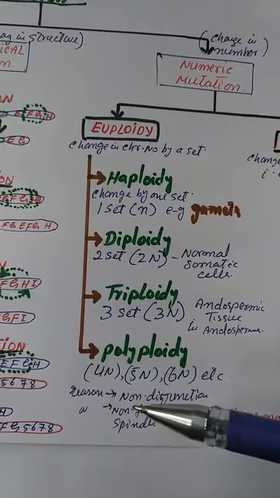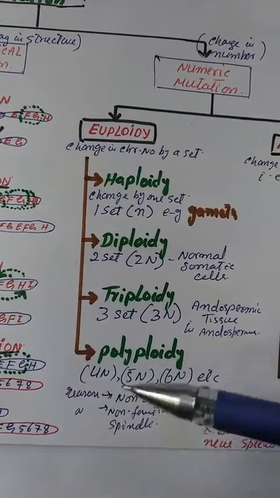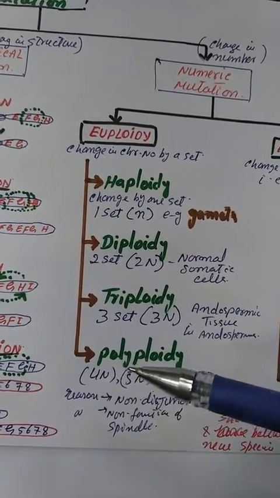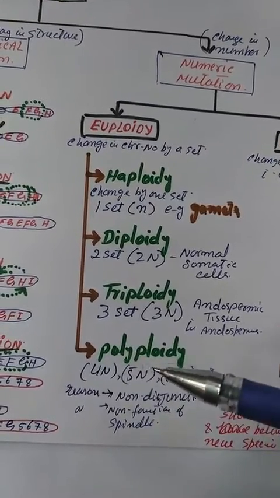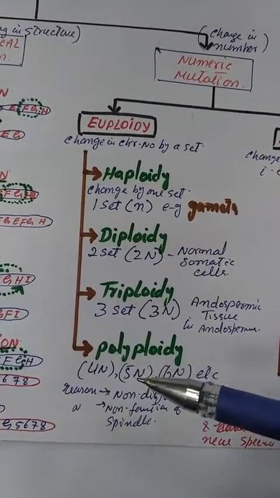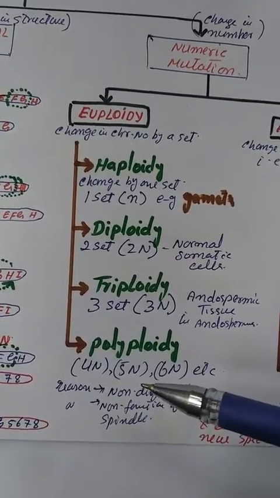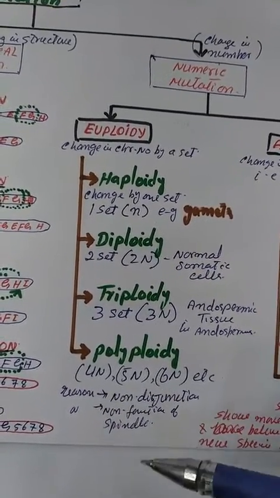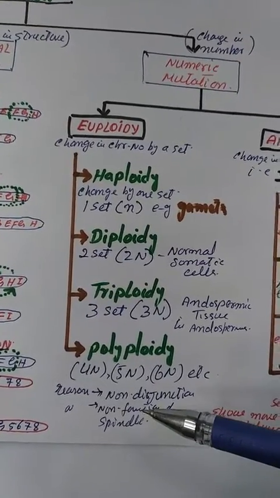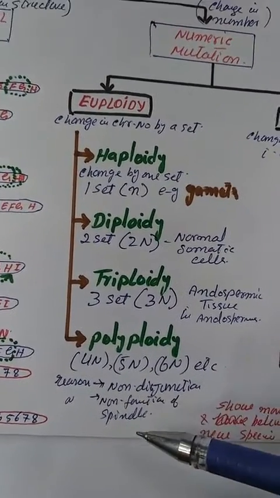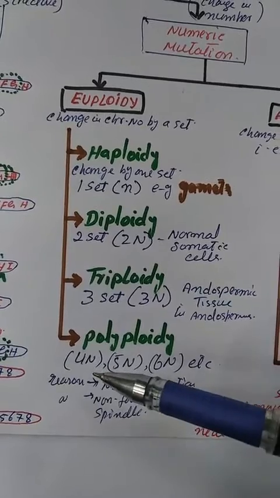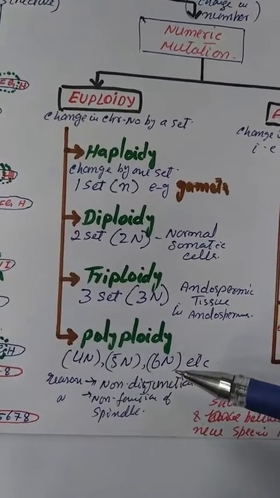Now, it can be artificially induced by application of colchicine or certain other drugs. An organism or its karyotype having more than two genomes is called a polyploid. Depending upon the number of genomes present in a polyploid, it is known as triploid, tetraploid, pentaploid, or hexaploid, etc.